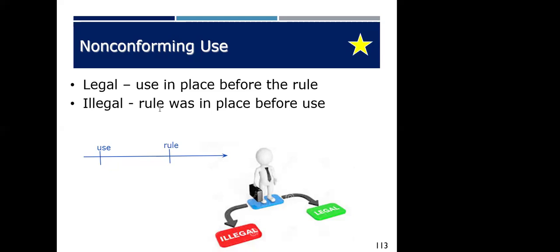Here's the deal. You've been grandfathered in. You have a legal non-conforming use. They're not going to make you shut down the gas station. They're not going to make you change. They're going to allow you to keep continuing because you were there first. When you go to sell that gas station, it's very unlikely that the new owner will be allowed to continue using it as a gas station because it is a non-conforming use.